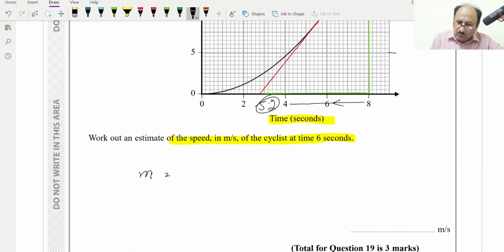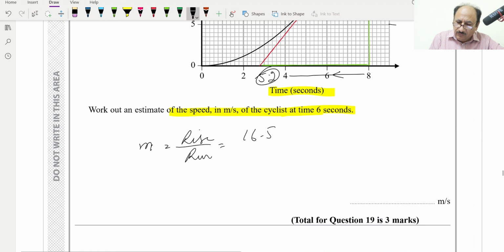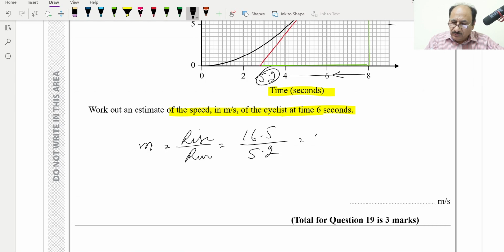So m is equal to rise over run, which is equal to 16.5 divided by 5.2, and this calculation, 16.5 over 5.2, is equal to 3.17. So 3.17, or we can write 3.2.